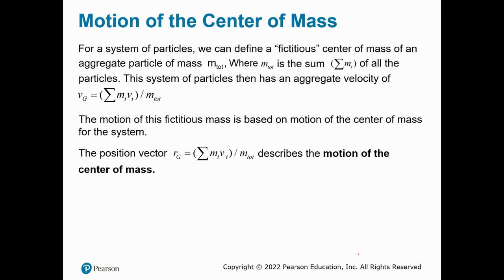So v_G equals sigma m_i v_i divided by m total. The motion of this fictitious mass is based on the motion of the center of mass for the system. And the position vector r_G equals the sum of m_i r_i divided by m total, which describes the motion of the center of mass.